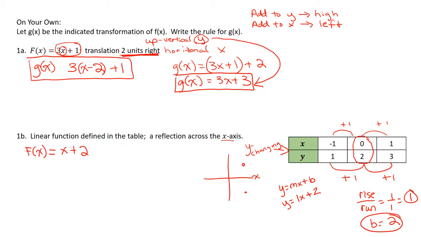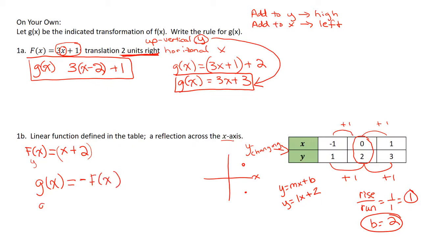All right, so remember this whole component right here, this is y, so the whole thing is going to have to change. So our new function is going to say g of x is going to equal, and when we reflect, we're just taking the opposite of what we had before. So the opposite of f of x.